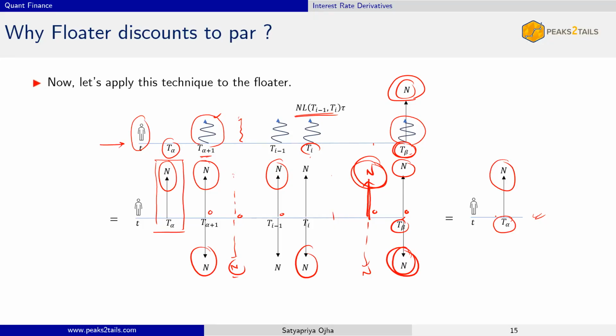Any questions? I would recommend you try this yourself once. Draw the cash flow diagram, use the argument that a floating rate payment can be decomposed into two notional payments, one inflow, one outflow, and just draw it out and see that everything cancels and you get this.